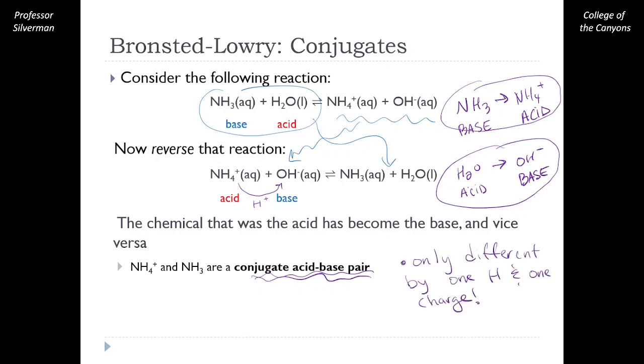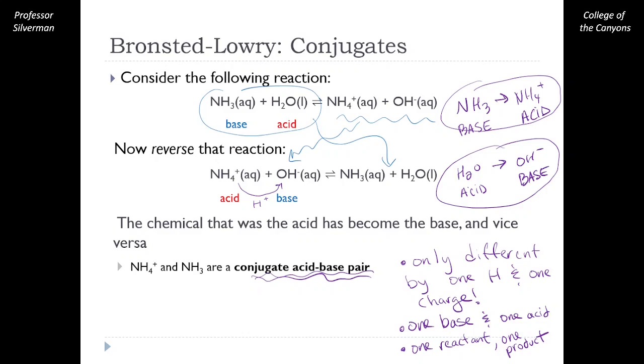We can also see that one of these is a base and its pair has to be an acid. And finally, when we have this full written out reaction, one of them is a reactant and one of them is a product. They are on opposite sides of our reaction arrows.